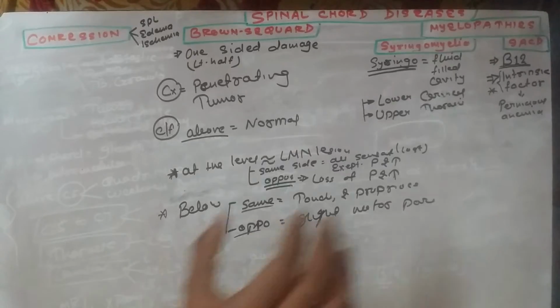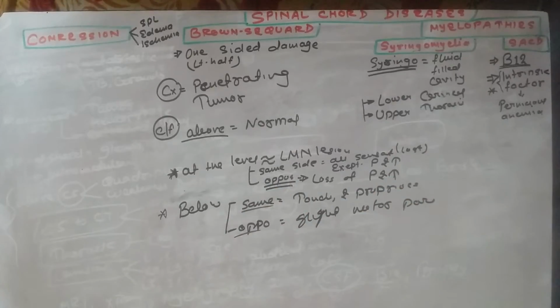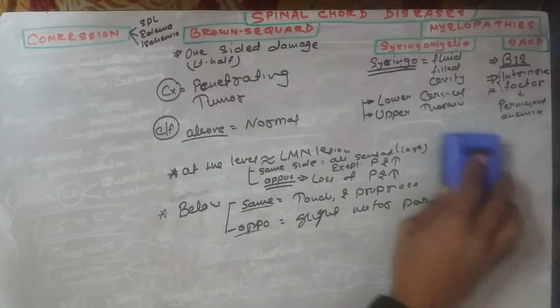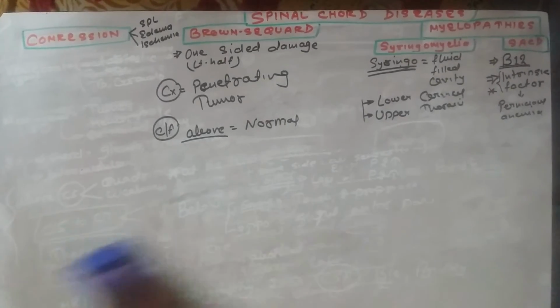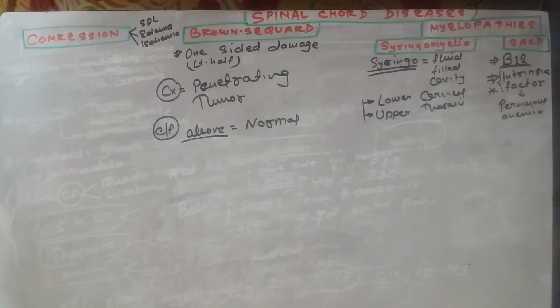Then the last portion is about chronic myelopathy, and in this topic we are going to study Syringomyelia. As I said, the word syringo means a fluid filled cavity within the spinal cord.